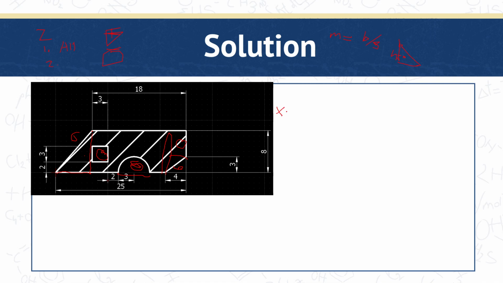So you have your x equal to, let's now get the area of your triangle. So it is 8 times 7 all over 2. Multiply that by the location of your centroid. Since we're doing x distance from the y-axis, and this is where your base is, you have the entire length of your base, so that would be 18 minus 25, that would be 7.